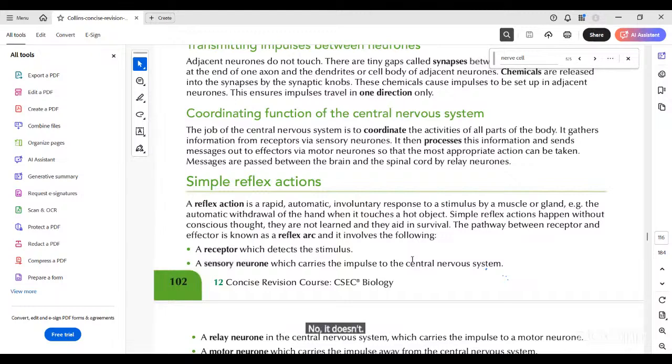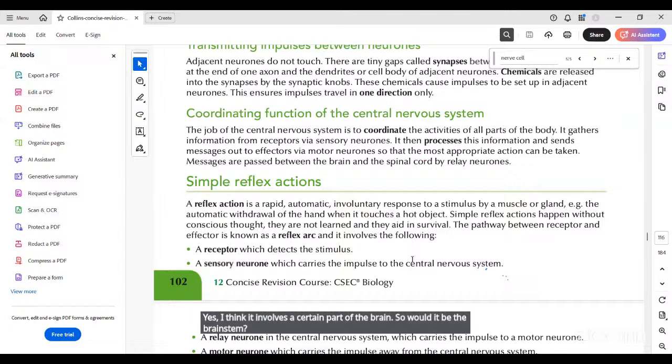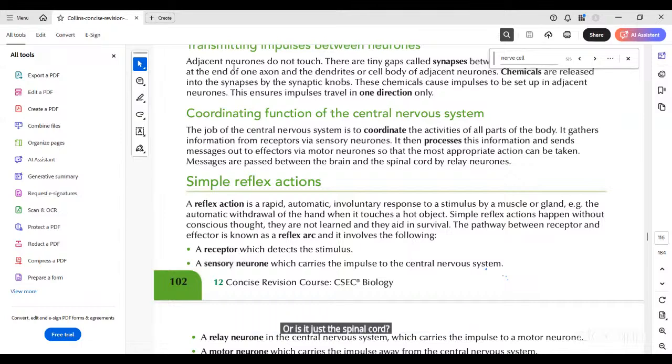So would it be the brainstem, or is it just the spinal cord? Some person said no brain, just the spine. One person. So you're saying the stem, but not the actual brain. Isn't the brainstem a part of the brain, sir? Isn't it the cerebrum, cerebellum, and then the brainstem? Technically, it is a part of the brain.